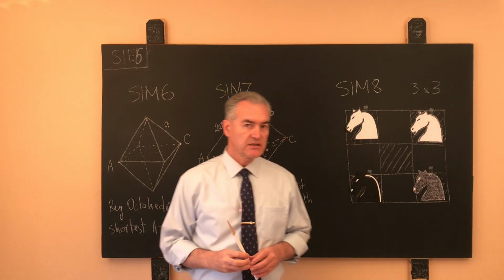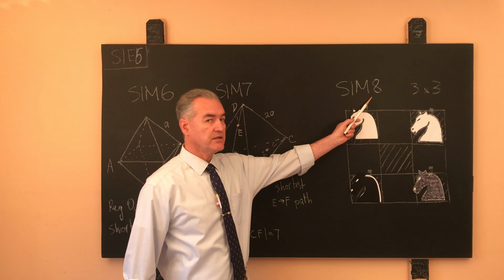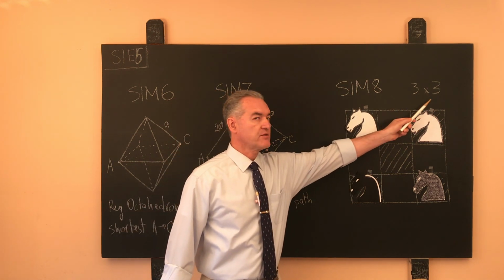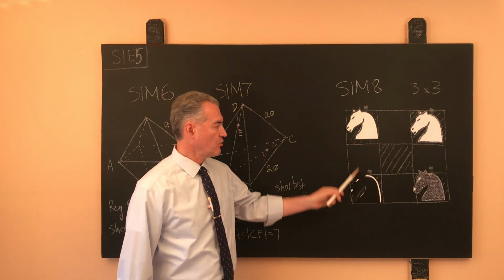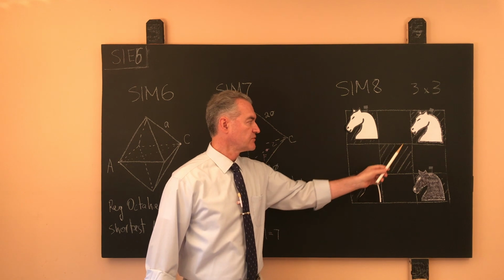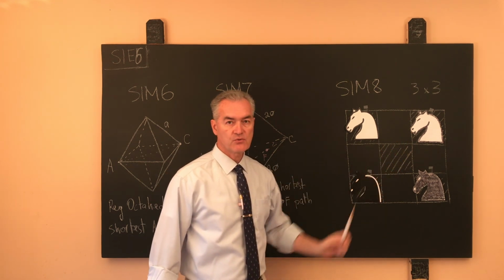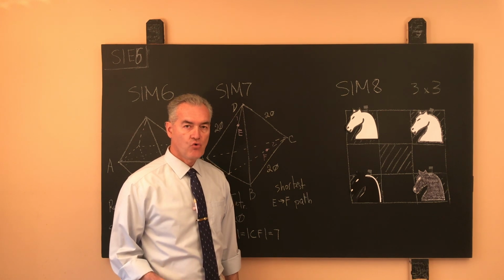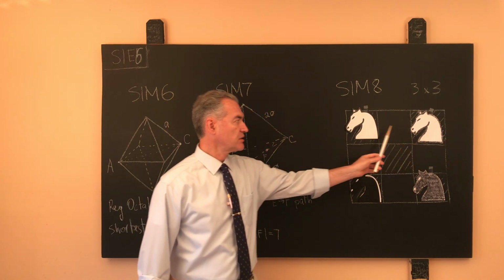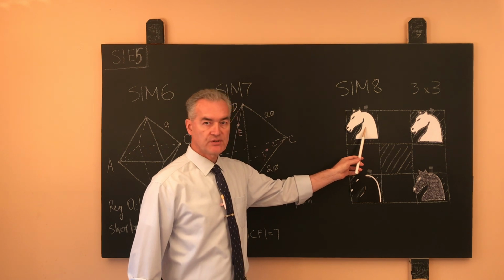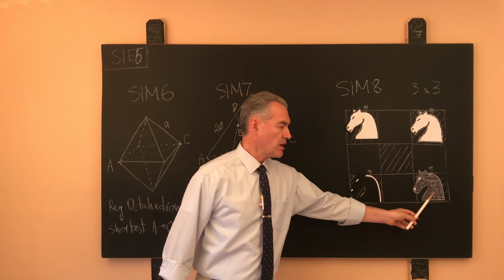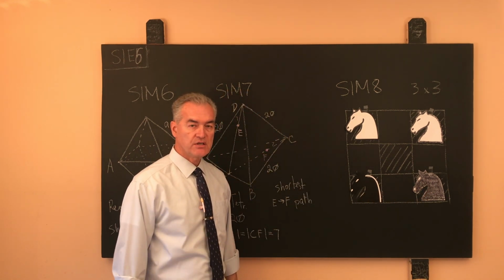Lastly, in the problem S1M8, we're given a slice or a chunk or a piece of a 3x3 chessboard, as depicted over here, with 9 squares total, with 5, let's say, black squares and 4 white squares, and we're given 4 knights of 2 colors each. 2 white knights positioned like so at the top corners of this 3x3 chessboard, and 2 black knights positioned like so at the bottom corners of the 3x3 chessboard.